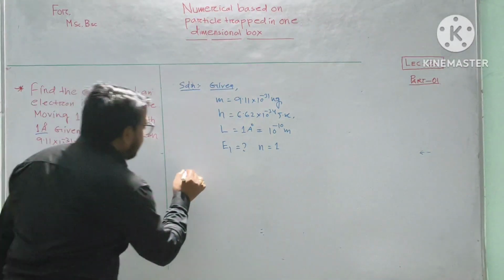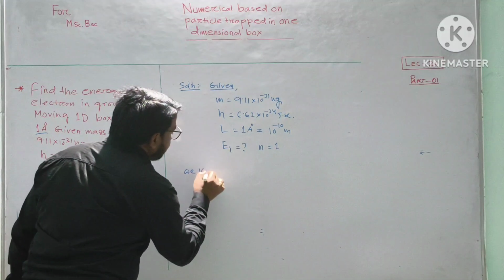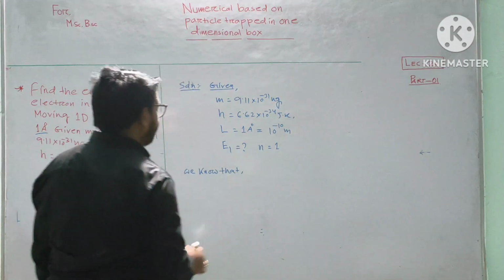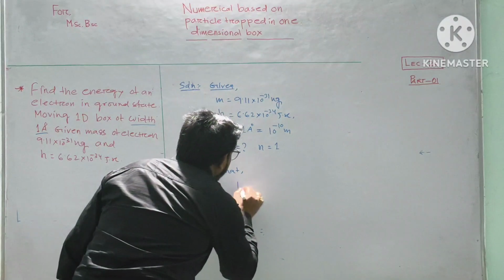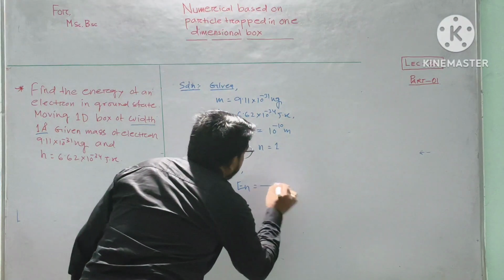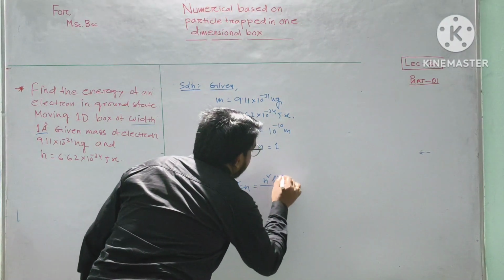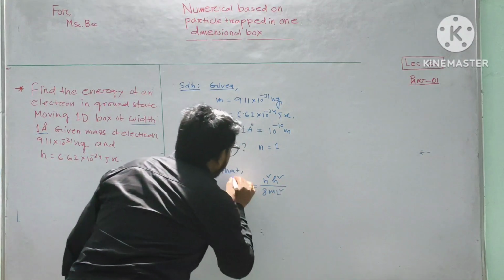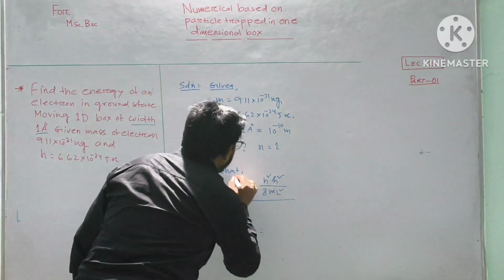We know that En equals n squared h squared divided by 8 m L squared. This is our main formula.